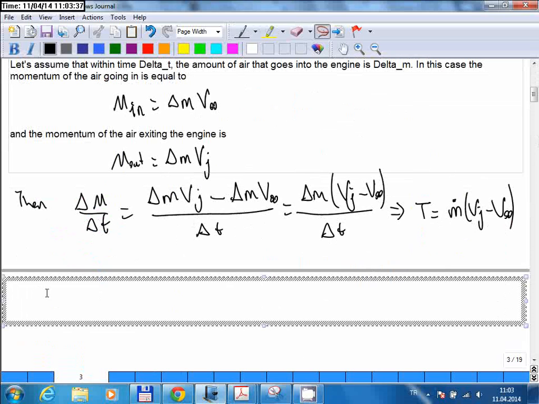So let me now add a note here that the thrust of an air breathing engine depends on mass flow rate and the speed increase of the air.